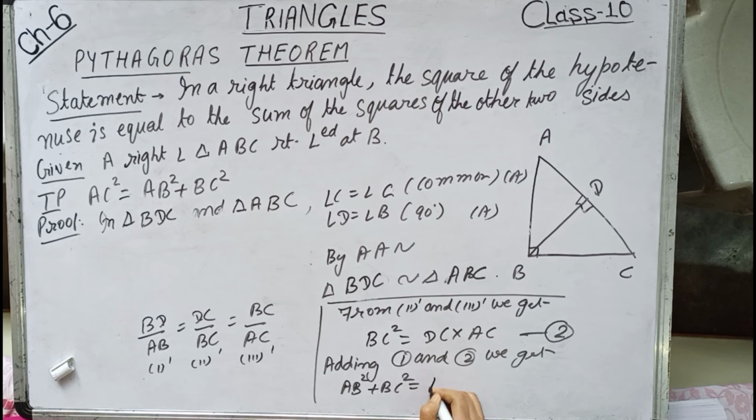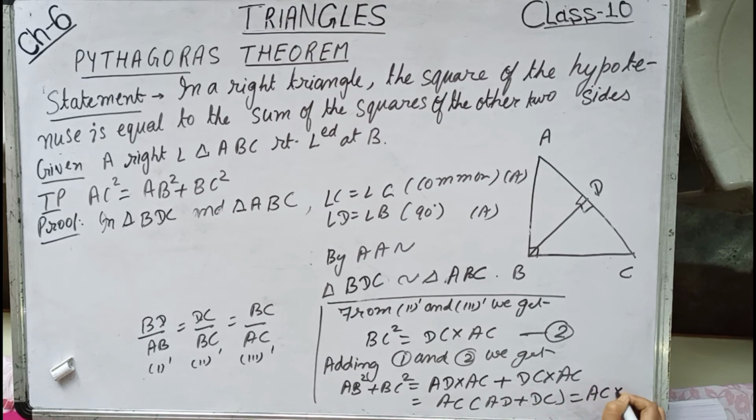There we must have got AD into AC plus DC into AC. Now in this AC is common, so AD plus DC. Now AD plus DC is AC. So AC into AC equals AC square. So we got AB square plus BC square equals AC square, and hence proved.